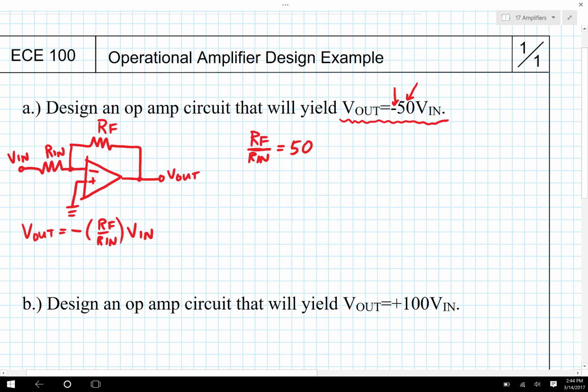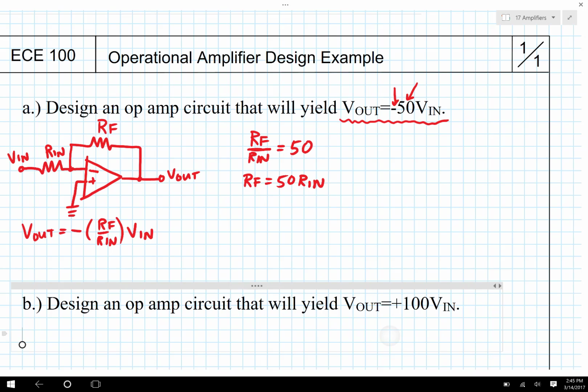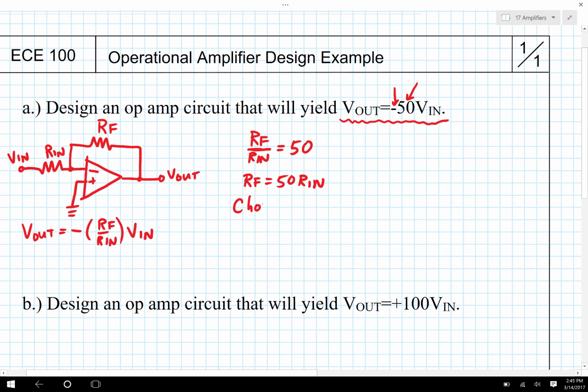Now I can go ahead and multiply through, say Rf is equal to 50 times Rn. And you don't want the resistors to be smaller than about 100 ohms or larger than about 100,000 ohms. Let me just choose a value of Rn. So I'm going to say choose. Now choose means that I was not forced to pick this value.